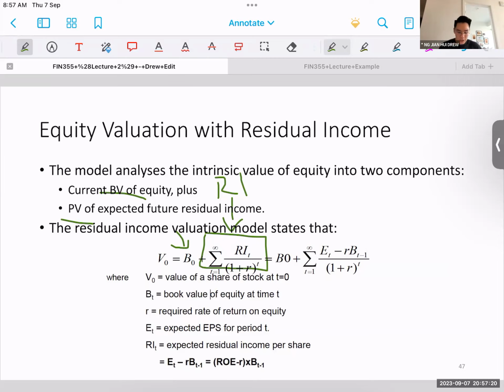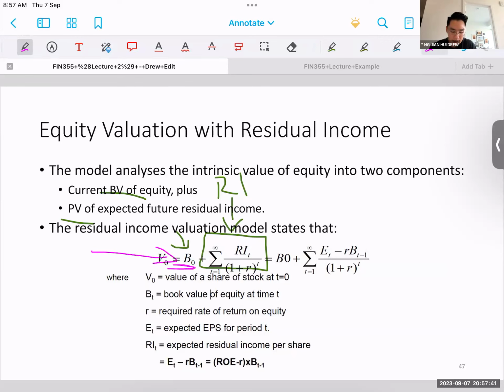Okay, so a question to you. What is the difference you notice in the residual income model for valuation compared to the 3 models that we learned previously, in terms of this book value that we see here in the residual income model?